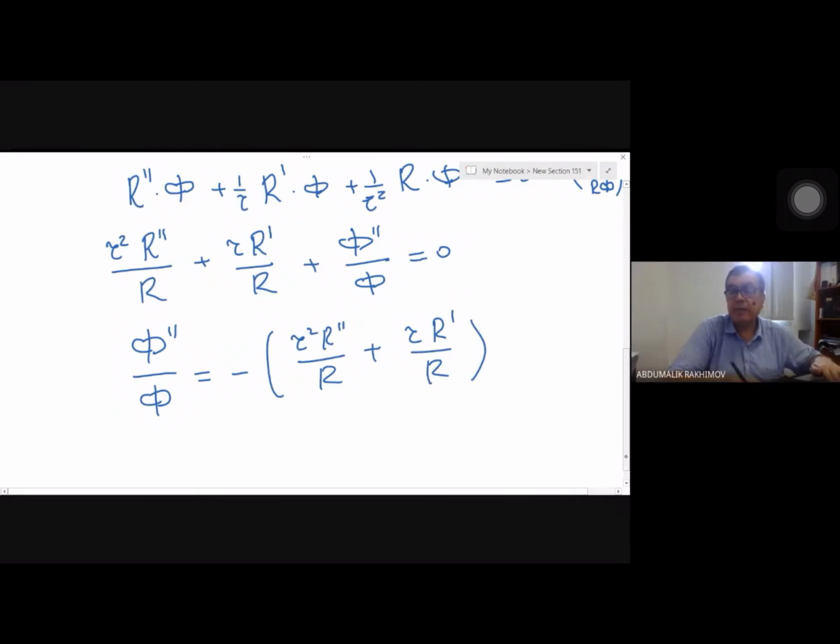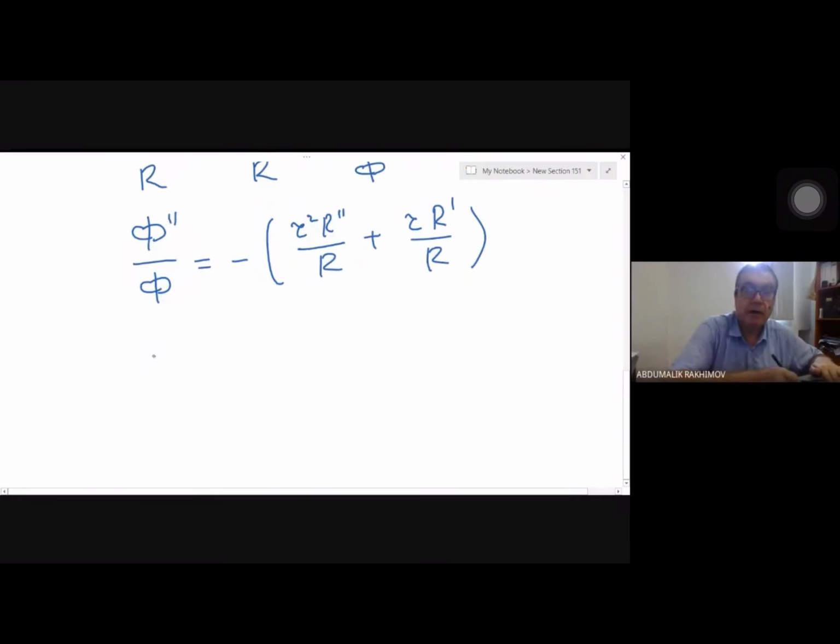So the left side is a function of angle phi, and this side is a function of radius. Radius and angle are not interrelated, so these relations must be constant. For convenience, let me denote this constant by minus lambda. I don't know what lambda is, but definitely these two things must be constant, right?